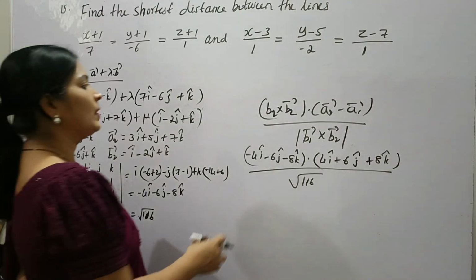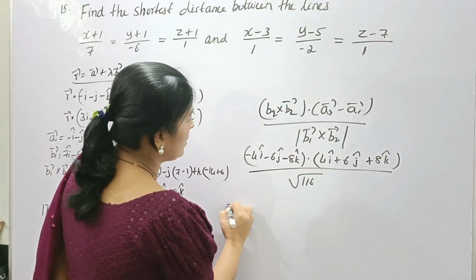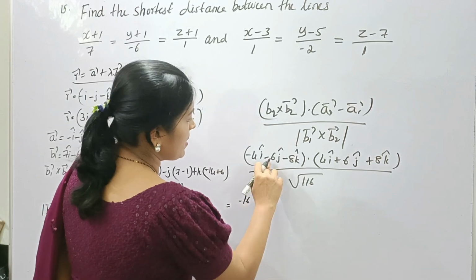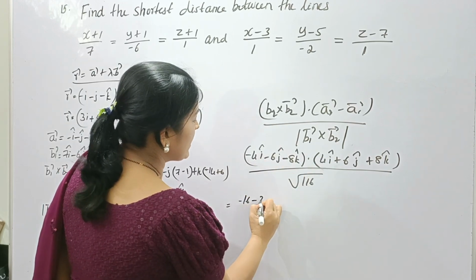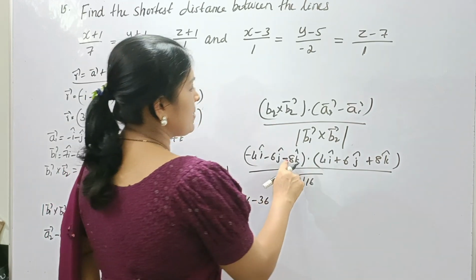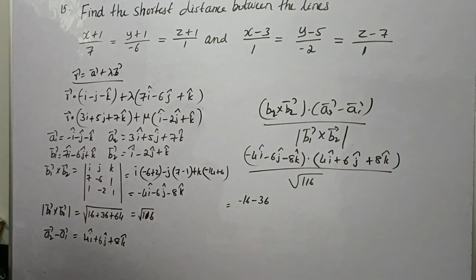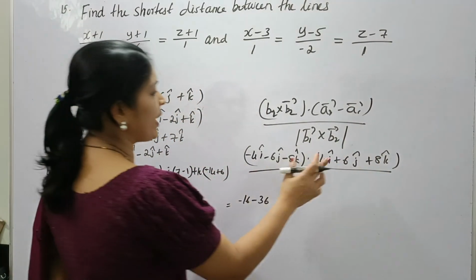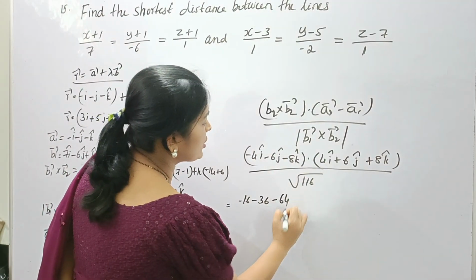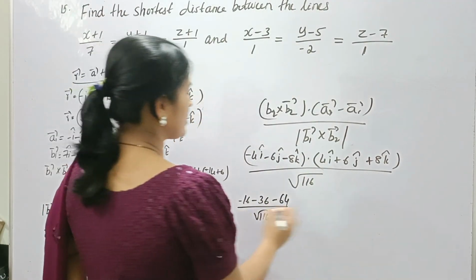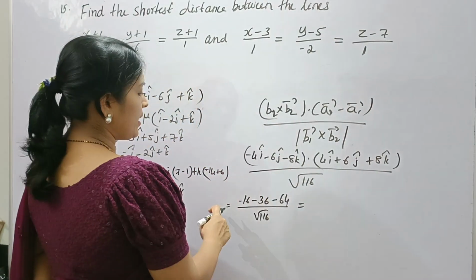That is equal to minus 4 into 4, minus 16, minus 6 into 6, minus 36, minus 8 into 8, minus 64, divided by root 116.